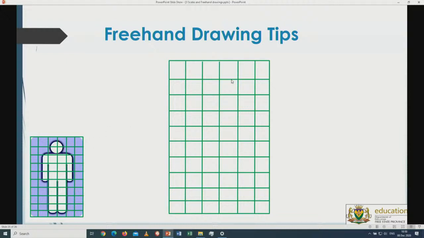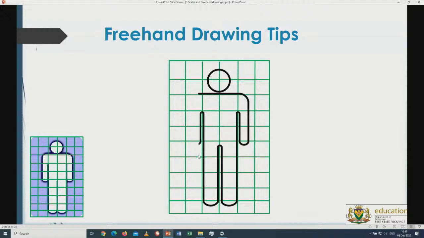So if we keep a third remaining area over here, we can draw the circle in that part for the head, for the shoulders. It goes straight to the center for the legs itself, and then goes upwards again. And according to the ratio that we have here, we can apply the same ratio over here on this side. This is a more official method of drawing freehand drawings that we can use in the process.